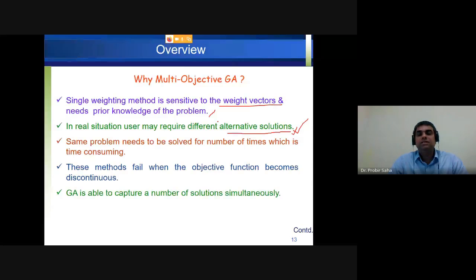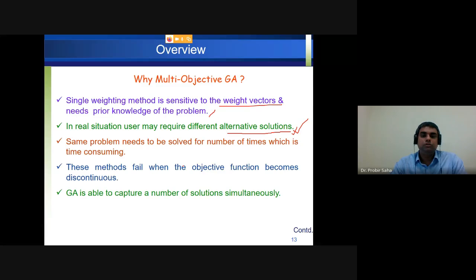If the customer wants a solution corresponding to some requirement, you will just pick one solution out of the 100 Pareto solutions, right? This multi-objective GA does this work for you, and that is very much important, because you will never lie in the local optima. You are interested in the global optima. That is guaranteed with the help of this multi-objective GA.